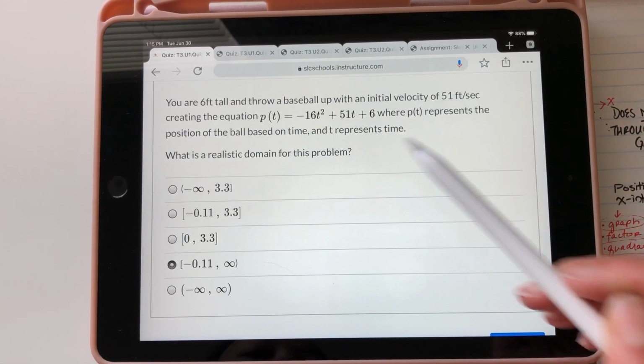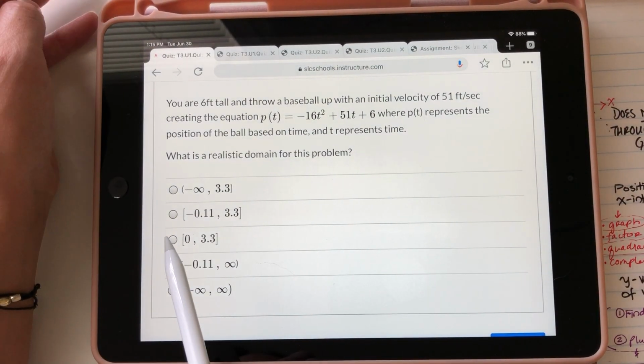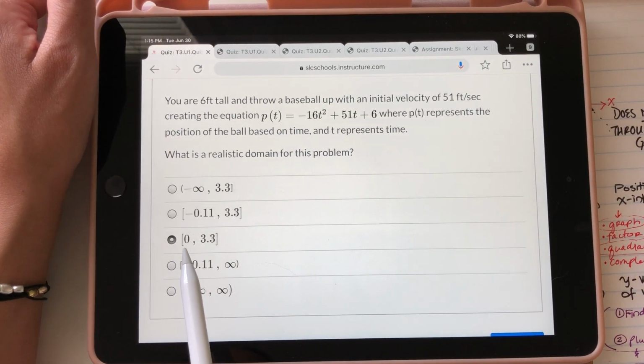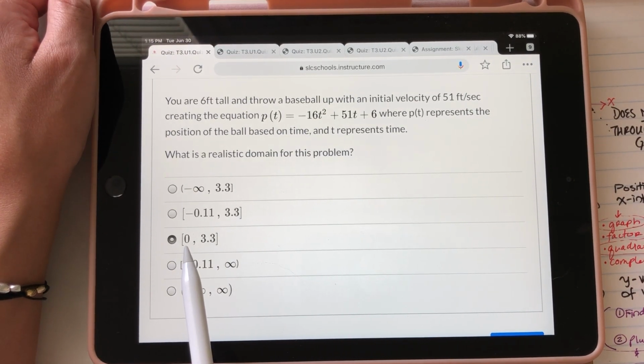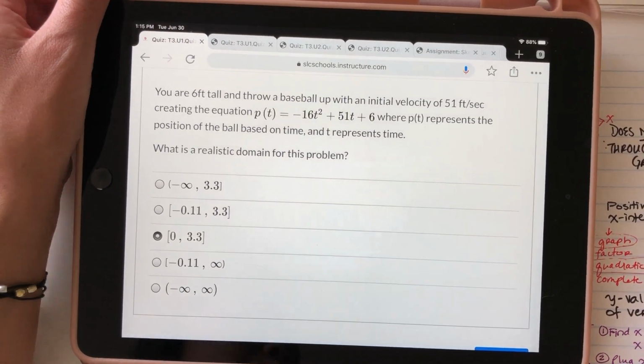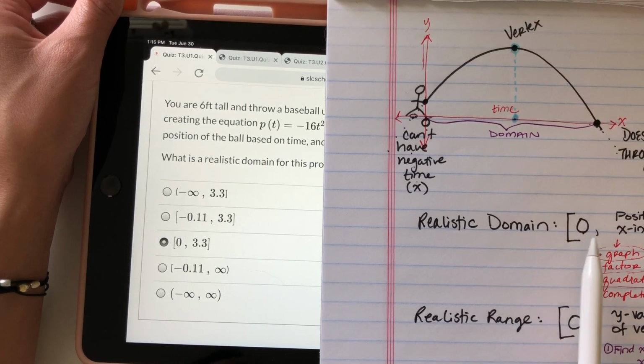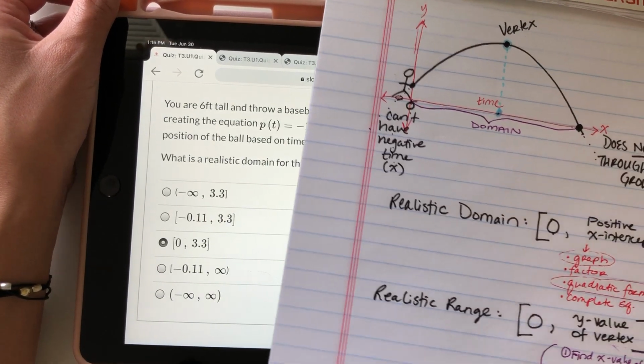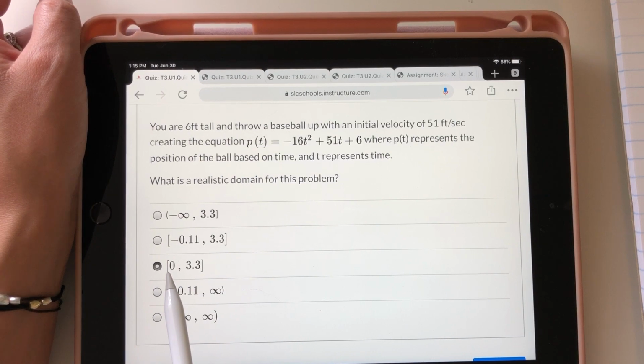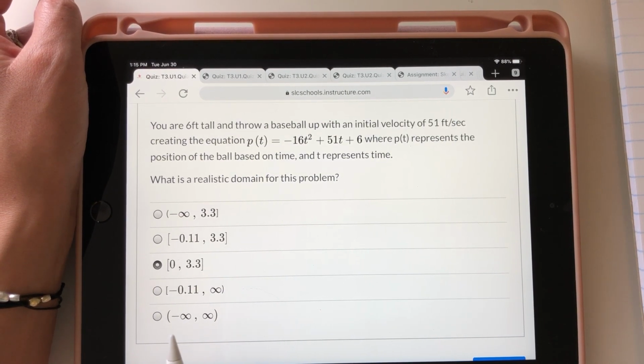I don't even need to read this to know that the answer has to be this one. Why is it this one? Well, it has to be that one because in the realistic domain, the minimum value is always 0. And that's the only one that has a 0 as the minimum value.